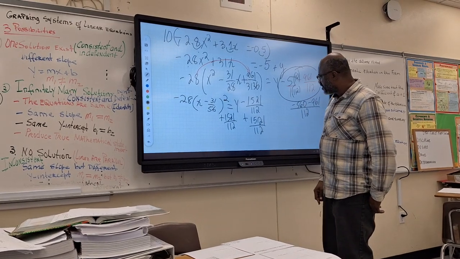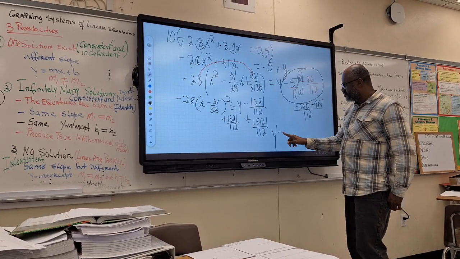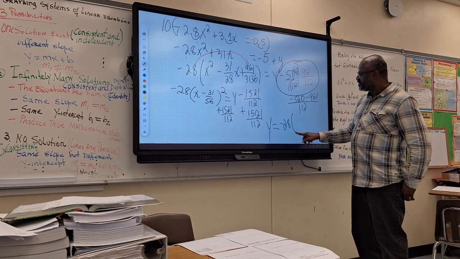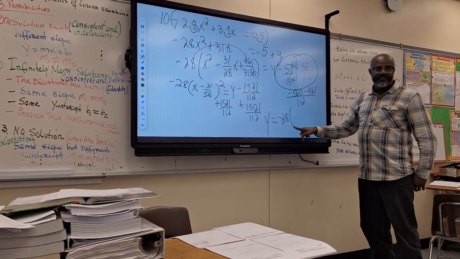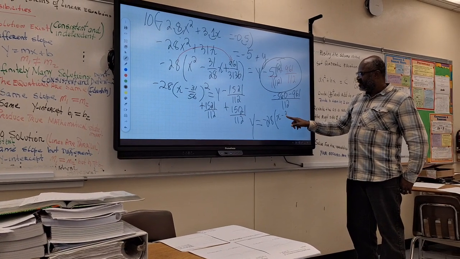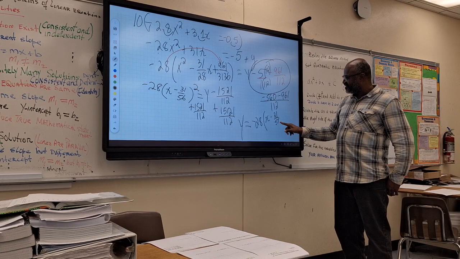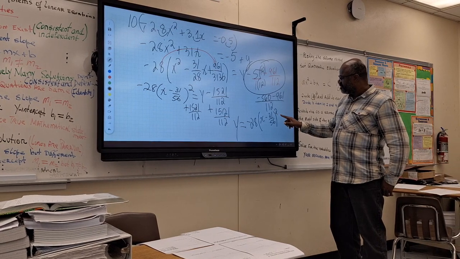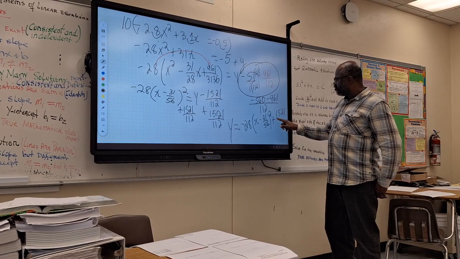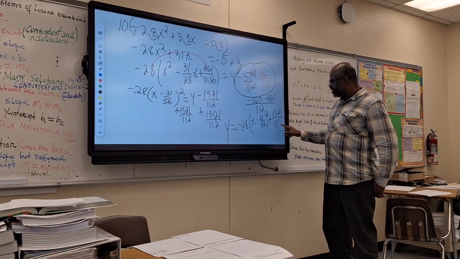And what will be your final equation? y equals negative 28, and what goes inside the parentheses, same thing: x minus 31 over 56 squared plus 1521 over 112.